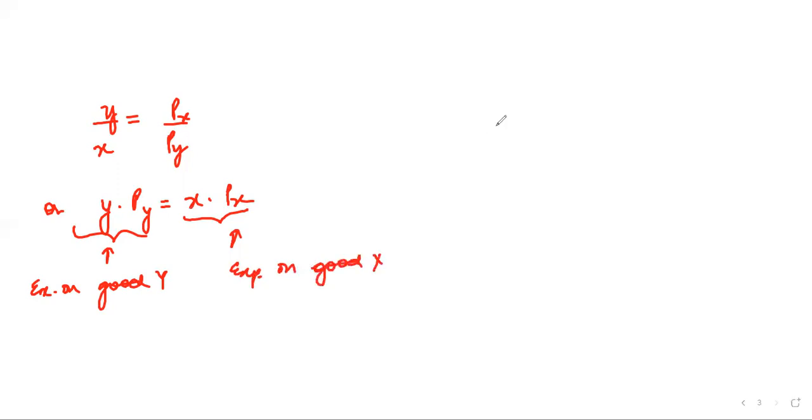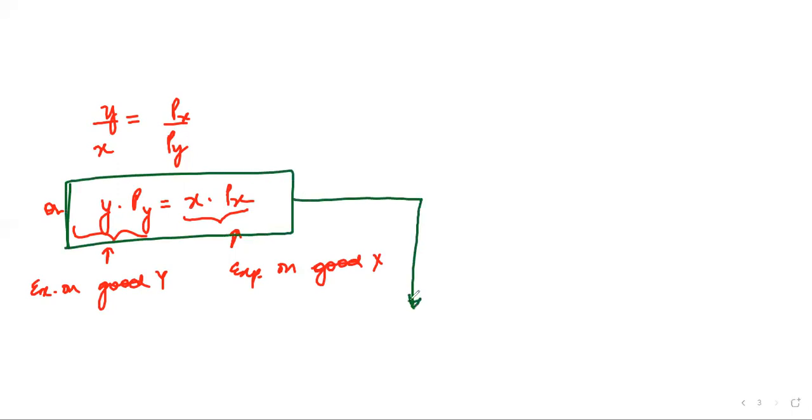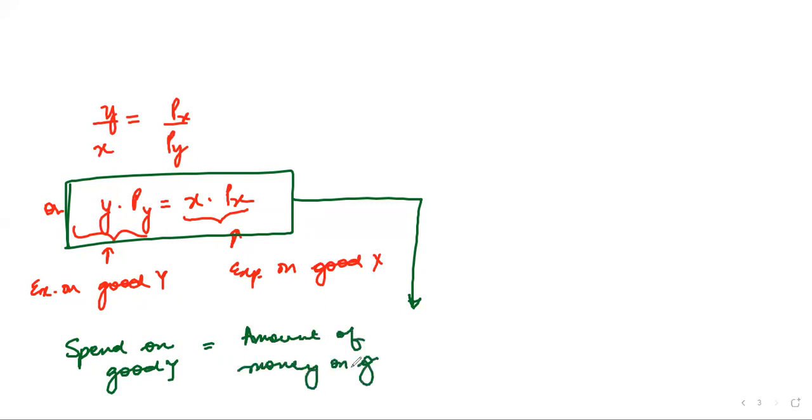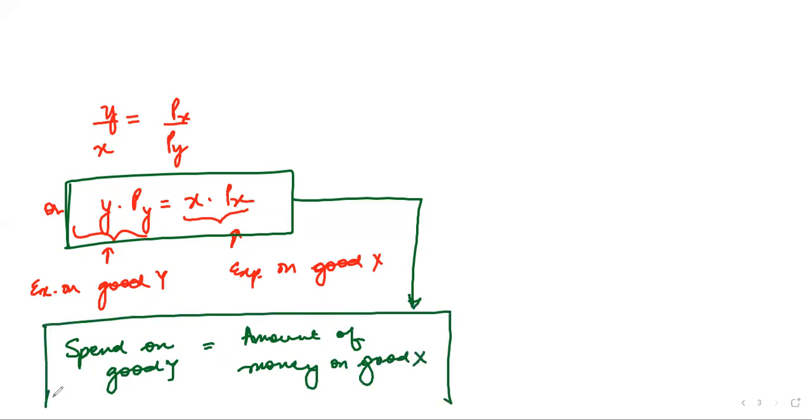What does this equilibrium condition state then? This equilibrium condition states that the amount of money that you spend on good y is equal to the amount of money you spend on good x. That's my equilibrium condition.